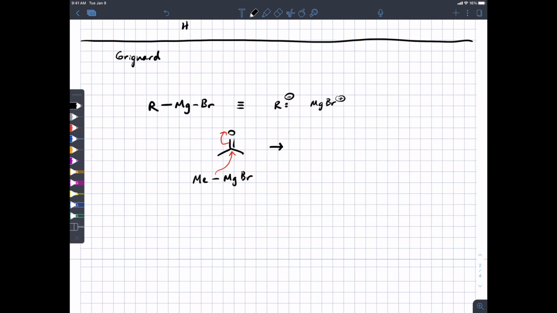You get this tetrahedral intermediate, and some people show the magnesium metal attached to the oxygen. Other people just remember that there's a counter ion present. And then there would be aqueous workup that you would do to get your alcohol.